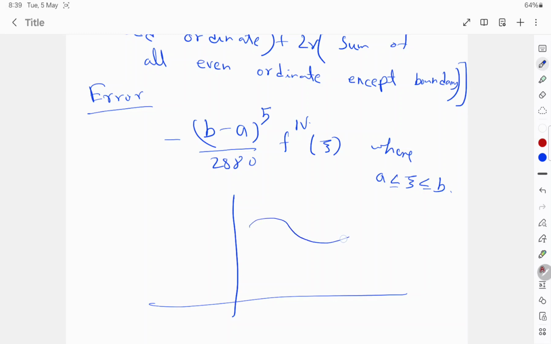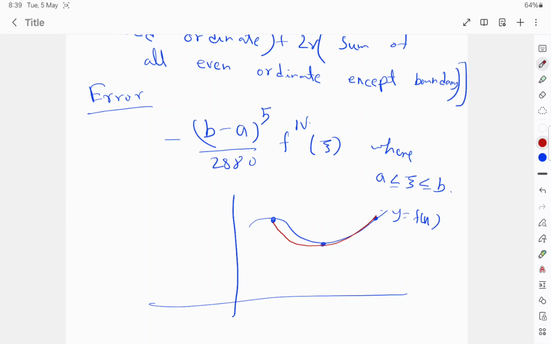Suppose you have some function y equal to f(x), with one point here, one point here, and one more point here. Simpson 1/3 tries to fit a parabola through these three points.